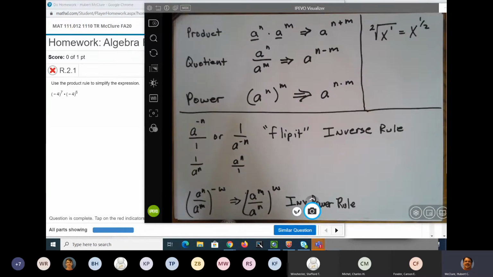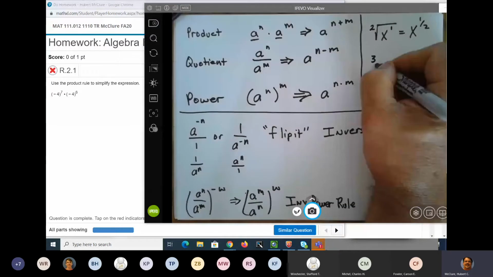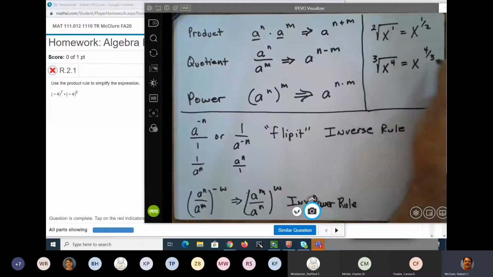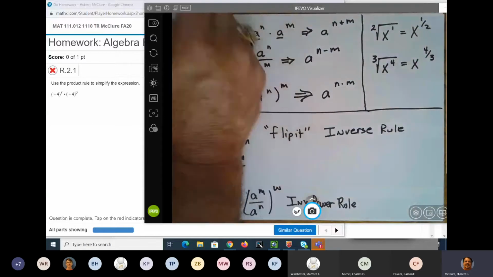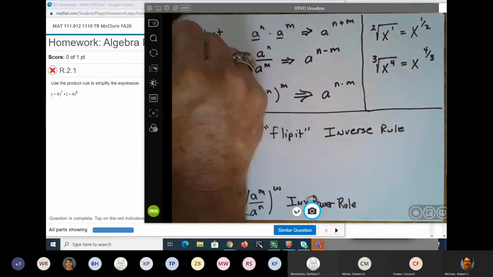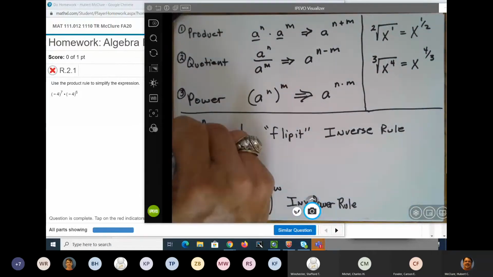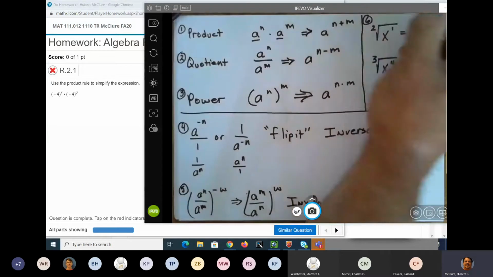And you can rewrite any radical: the third root of x to the 4th power is equal to x to the 4/3. You can rewrite any radical as a rational exponent. Now, these are the 6 rules of exponents. And hopefully that's knocking some of your cobwebs loose.